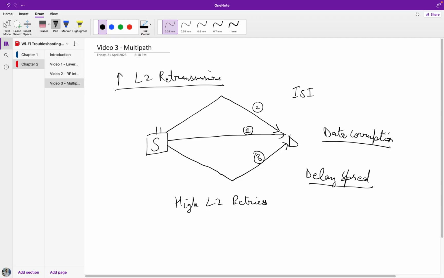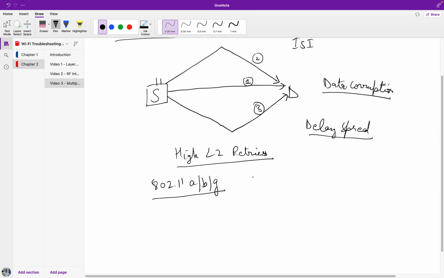Now this is a very common problem in networks running 802.11a, b and g. Multipath has been a major problem in networks running a, b, g. That is why this problem is solved in 802.11n; in fact, one of the major reasons why .11n came into the picture was to solve the problem of multipath, because it uses something called MIMO.